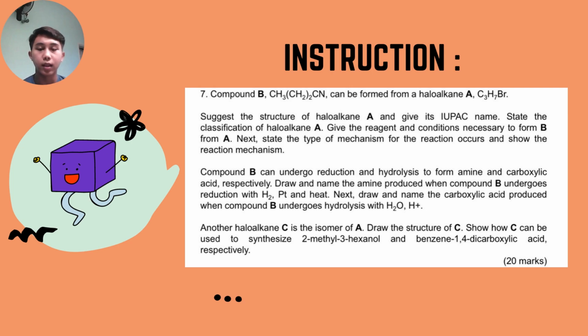Another haloalkane C is the isomer of A. Draw the structure of C. Show how C can be used to synthesize 2-methyl-3-hexanol and benzene 1,4-dicarboxylic acid respectively. The mark is 20 marks.